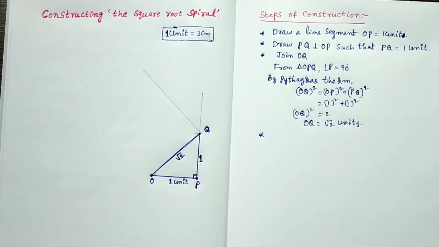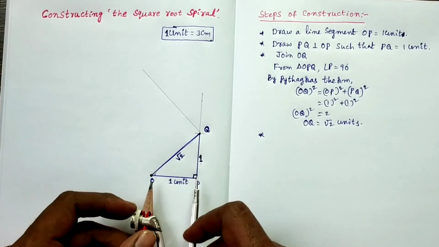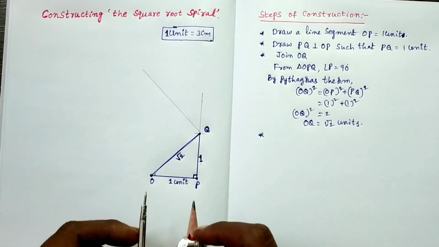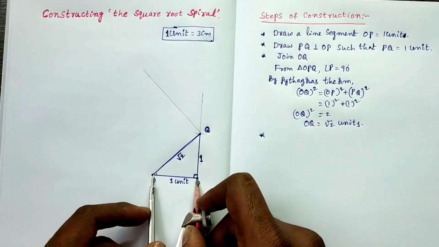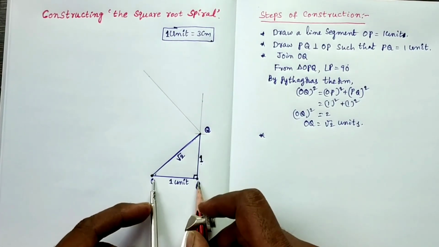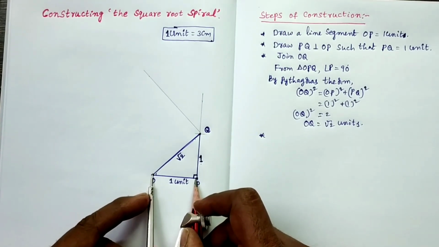Again, take 1 unit with a compass. Take 1 unit radius with a compass. This is the 1 unit radius. No need to measure on the scale. Always you take it from OP.